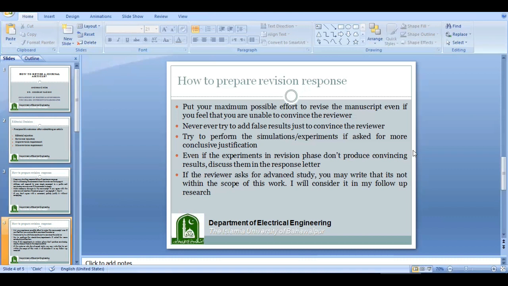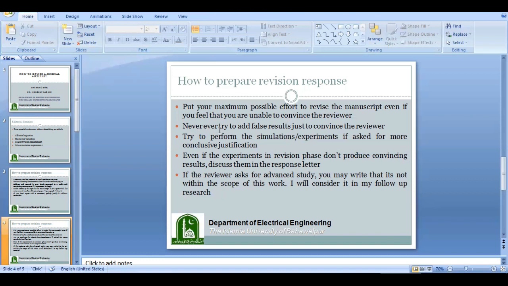So even if you are unable to convince the reviewer, he will not straight away reject your article. Okay, so this is a very important thing. For all the comments, you have to put all your possible effort into convincing the reviewer.